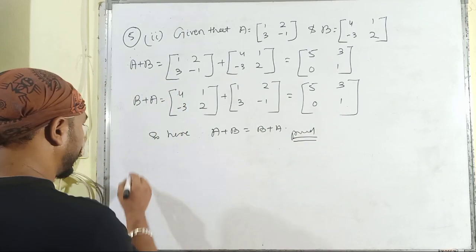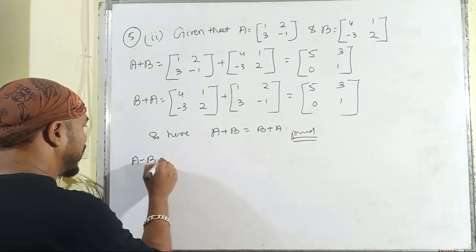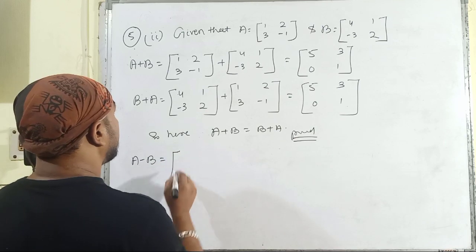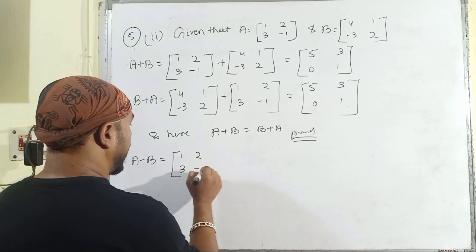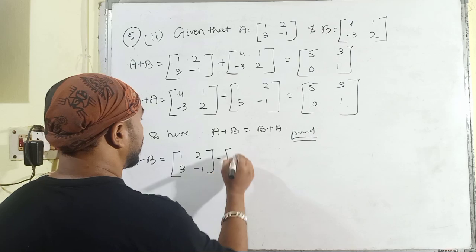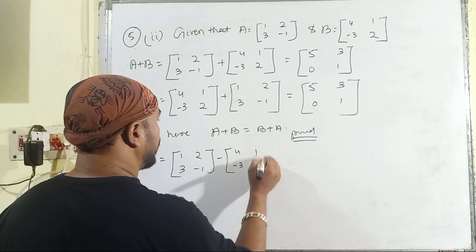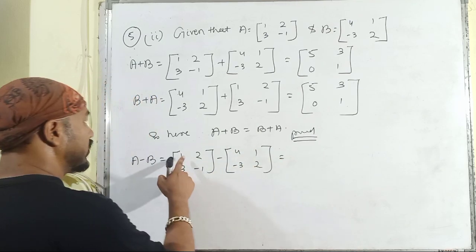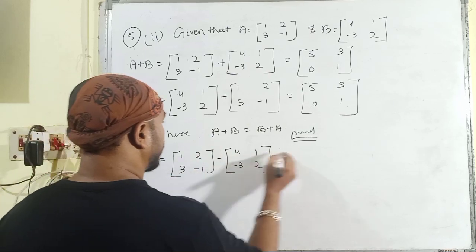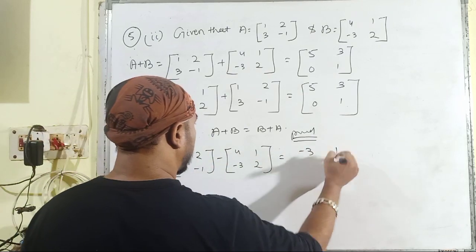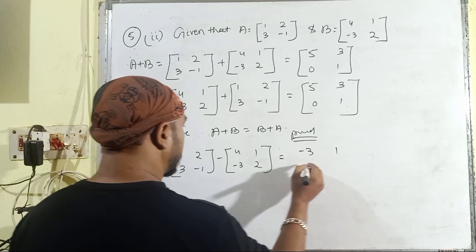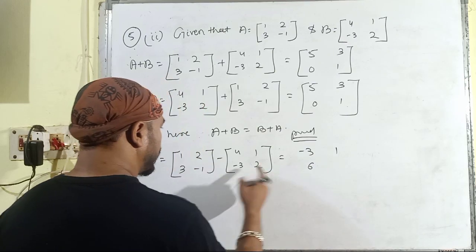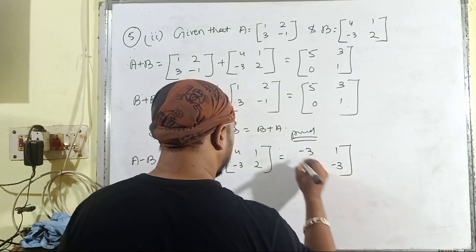Then A minus B. A minus B is equal to 1, 2, 3, minus 1, minus 4, 1, minus 3, 2. Okay, this is 1 minus 4, it is minus 3, 2 minus 1, it is 1, 3 minus minus 3, that means it is plus 3, 6, minus 1 minus 2, it is minus 3.